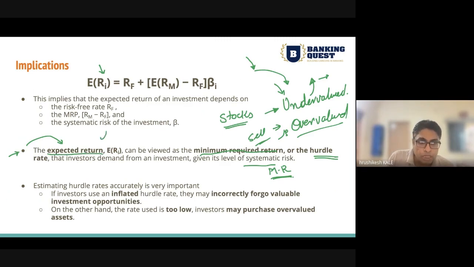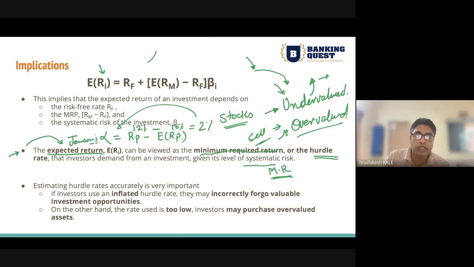So we get alpha. What is alpha? Alpha is the return of portfolio minus expected return of portfolio. So if your expected return is 10% and your portfolio manager gave 12%, that excess 2% is called alpha, which is also called Jensen's alpha.